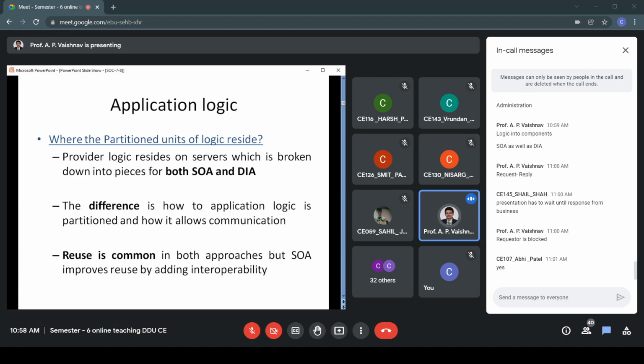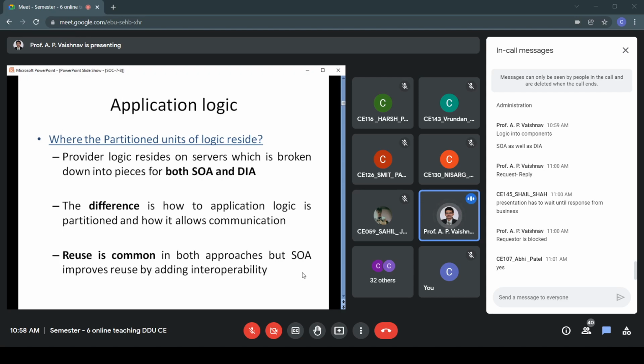Reusability is common for both, right? But in SOA, we are having more reusability because we can design such services which can be consumed across different platforms. Like in WCF, can you consume a WCF service using a Java client? Is it possible? Yes, I think Sir has covered that part in theory also.